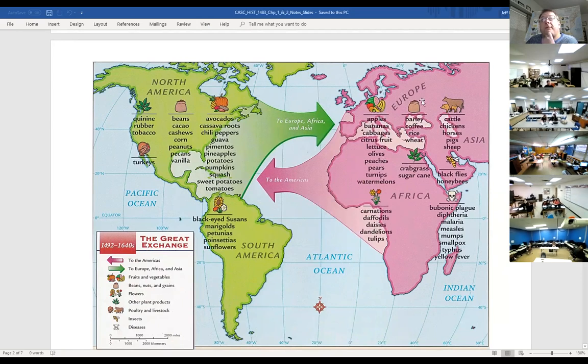And so in coming to the Americas, the Europeans brought several fruits and vegetables, other staples, livestock, honeybees, these flowers. And then, unfortunately, but unintentionally, these diseases.